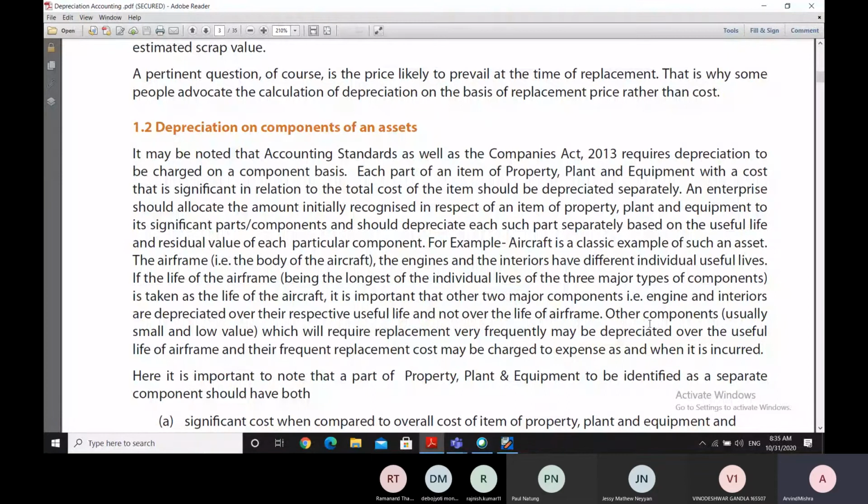Now, other components in the aircraft which will have smaller or lower value will also be there, which will require replacement very frequently, at a very short duration. They may be depreciated over the useful life of the airframe, and their frequent replacement cost may also be charged to expense as and when it is incurred.